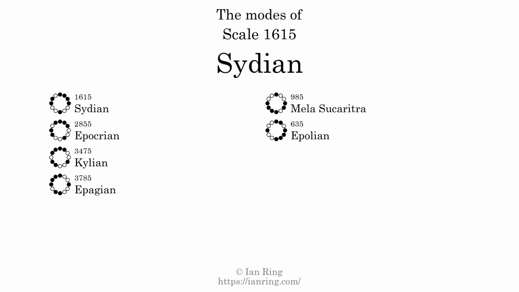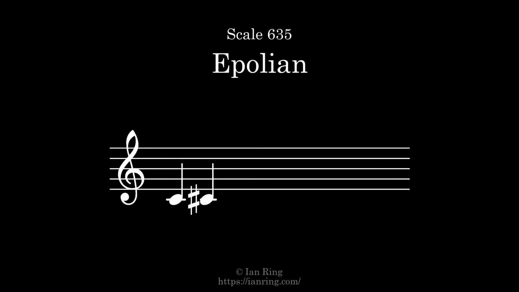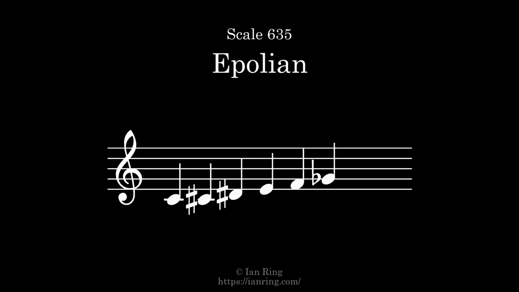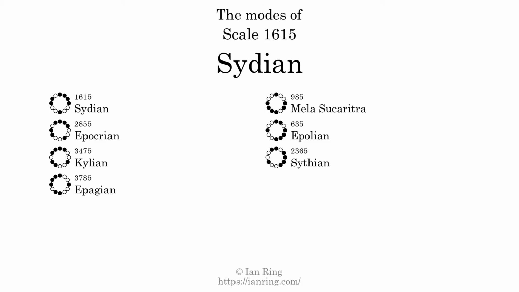The sixth mode is scale 635, also known as Apollyon. It sounds like this. The seventh and last mode is scale 2365, also known as Sydian. It sounds like this.